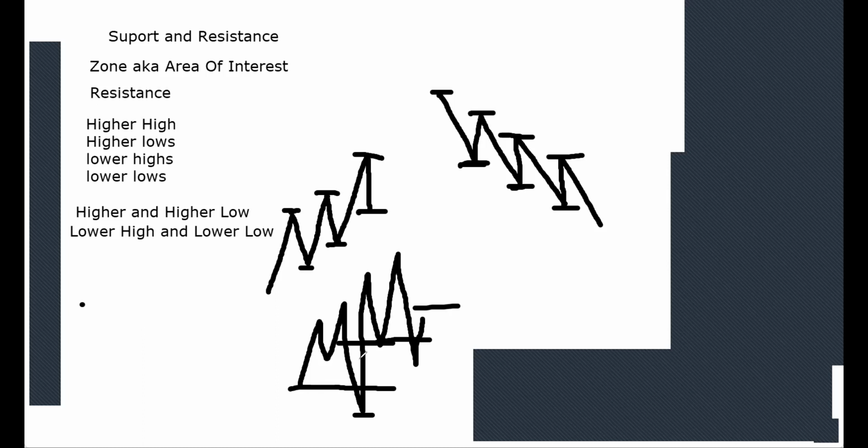What you see in this chart is a higher high, a higher low, a higher high, a lower low. You do get another higher high, followed with another higher low, and you do get a higher high, but you get a lower low.